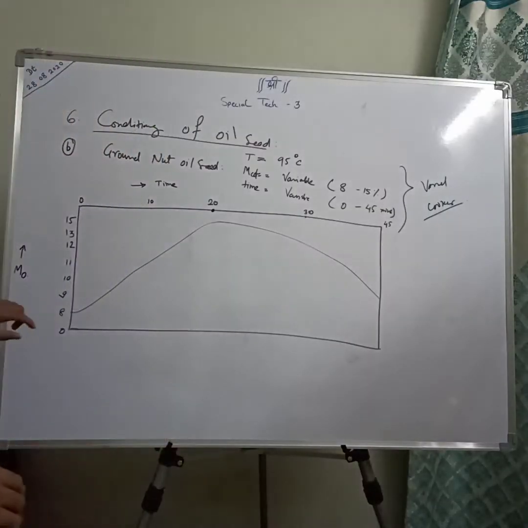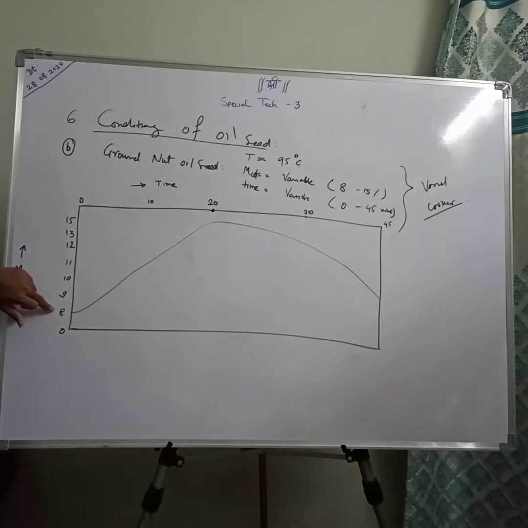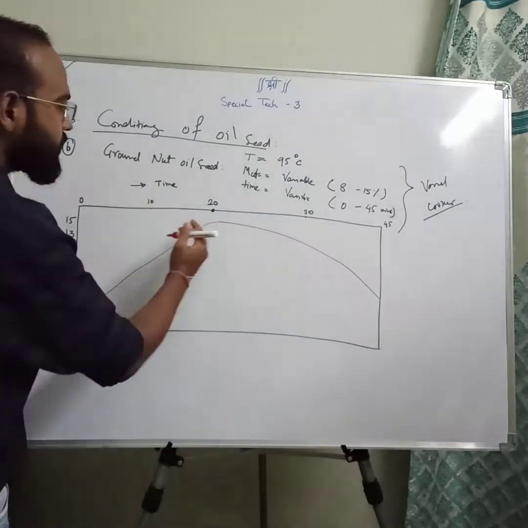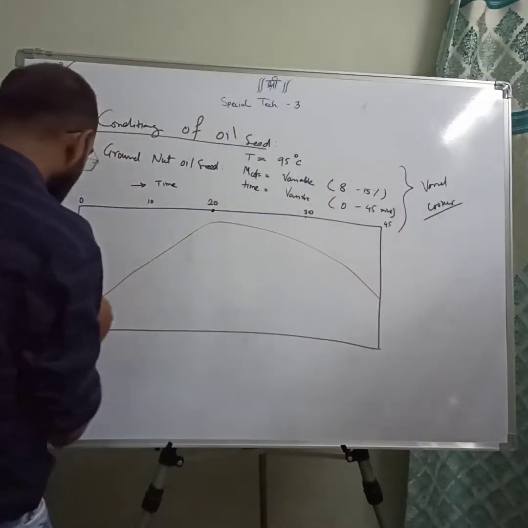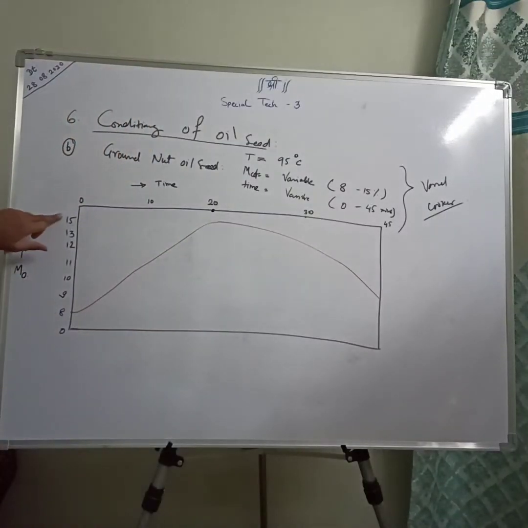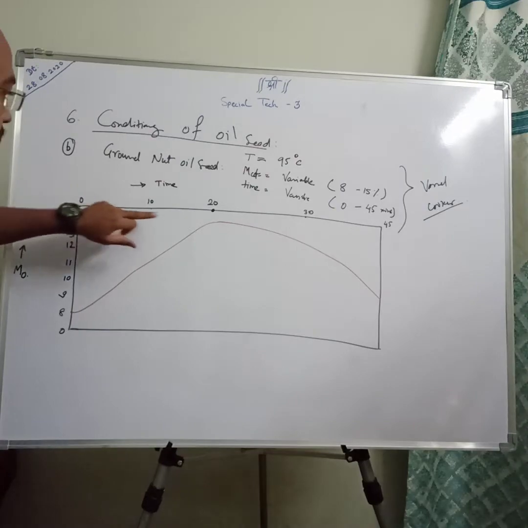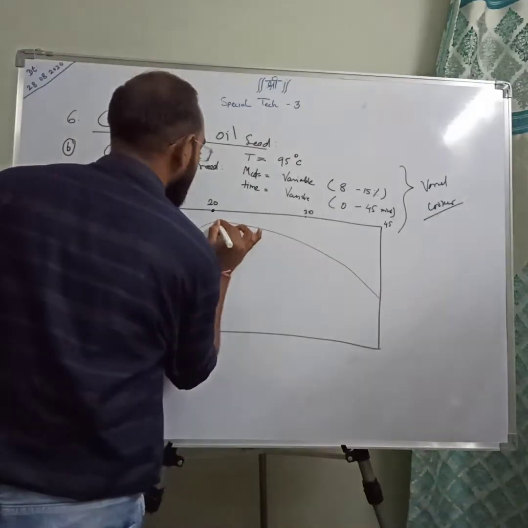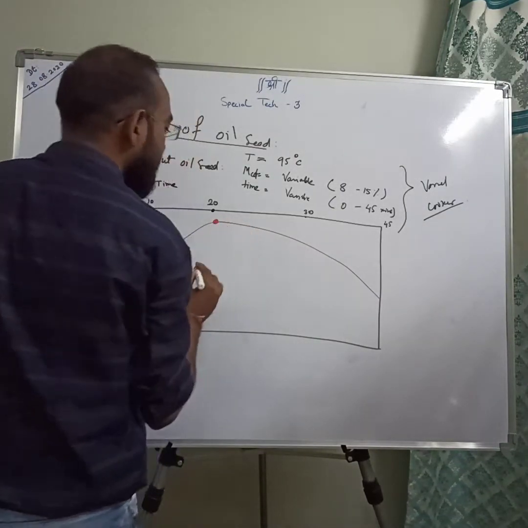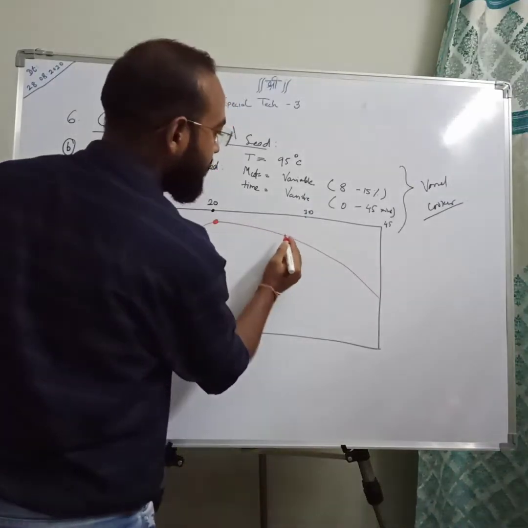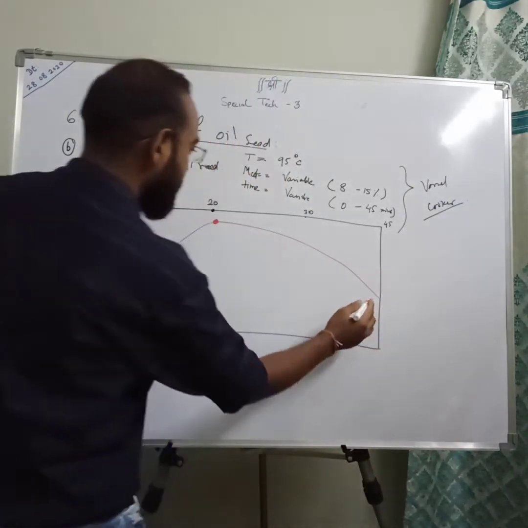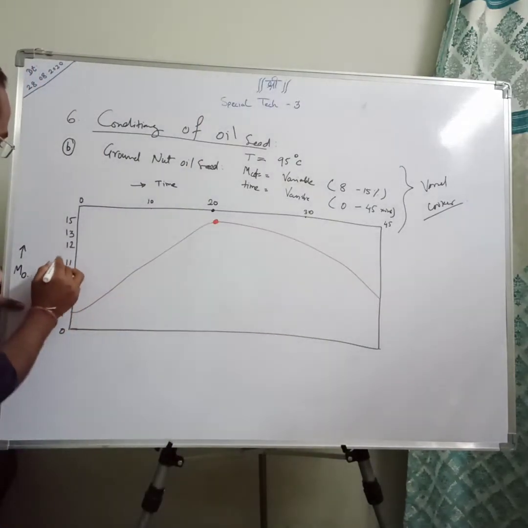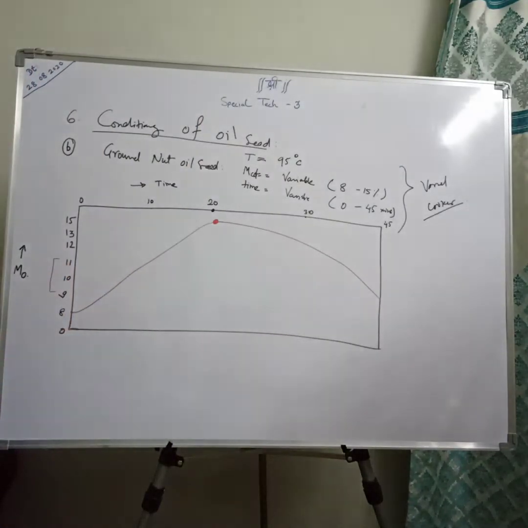Initially the process starts with 8% moisture. When the cooking operation is up to 20 minutes, we supply the highest amount of moisture to our seeds, that is 15% here. Then again, with respect to time, when the expression goes down, we will end the moisture content in between 11 and 9.